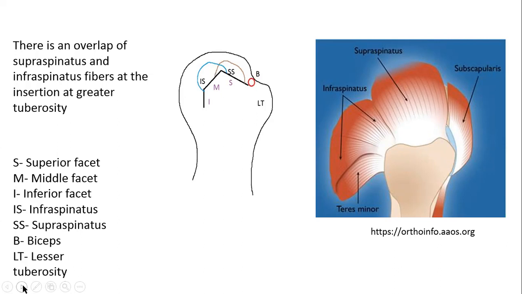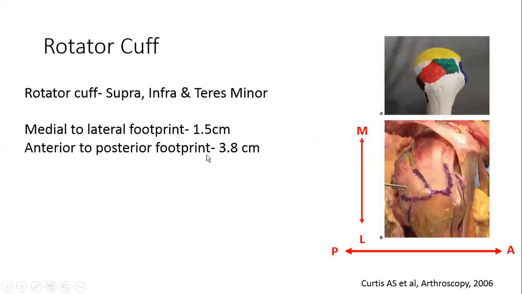And try to be consistent with your placement, because once you are consistent, you don't have to pay too much attention to whether that was anterior or posterior, if you follow the orientation, because a structure like this can be a little confusing. So here again, look at the footprint. It's 3.8 centimeters.